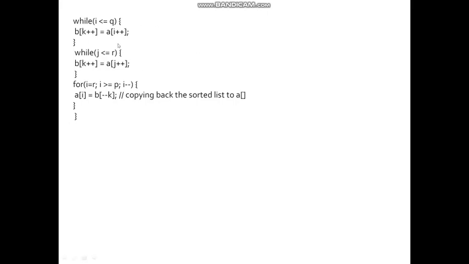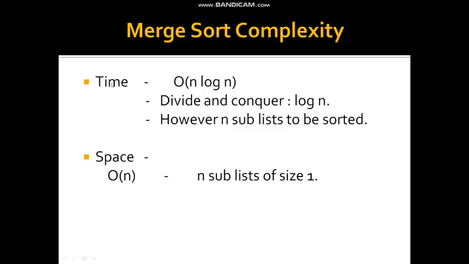So this is the algorithm for merge sort, and the merge sort complexities are, for time, big O of n log n, because divide and conquer requires log n time, and because we are sorting n sublists, n into log n time will be required. And for space, it will be big O of n, as sublists of size 1 will be saved and will require memory.